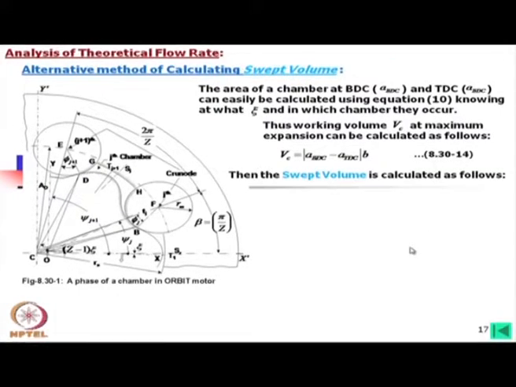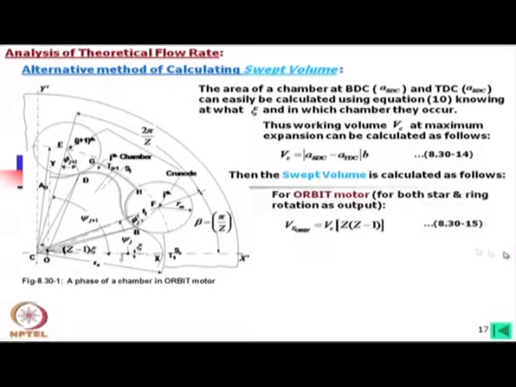Now, the swept volume is calculated as follows. For the orbit motor, we simply take the volume of one chamber times the number of chamber actions in one revolution. How many such chamber actions will there be in case of the orbit motor? z into z minus 1 times.